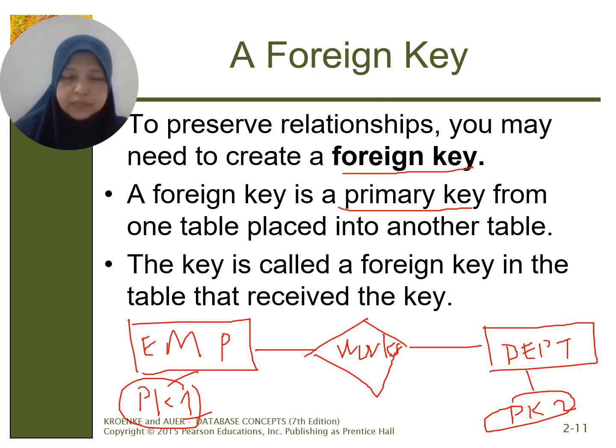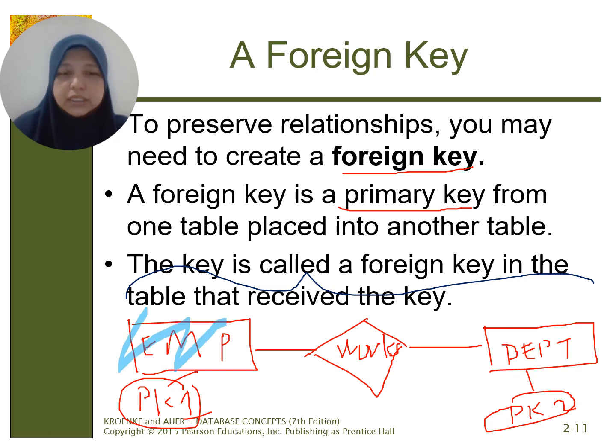In simple terms, a foreign key has to be created when you have a set of relation. A set of relation means you have one entity linked with one entity.